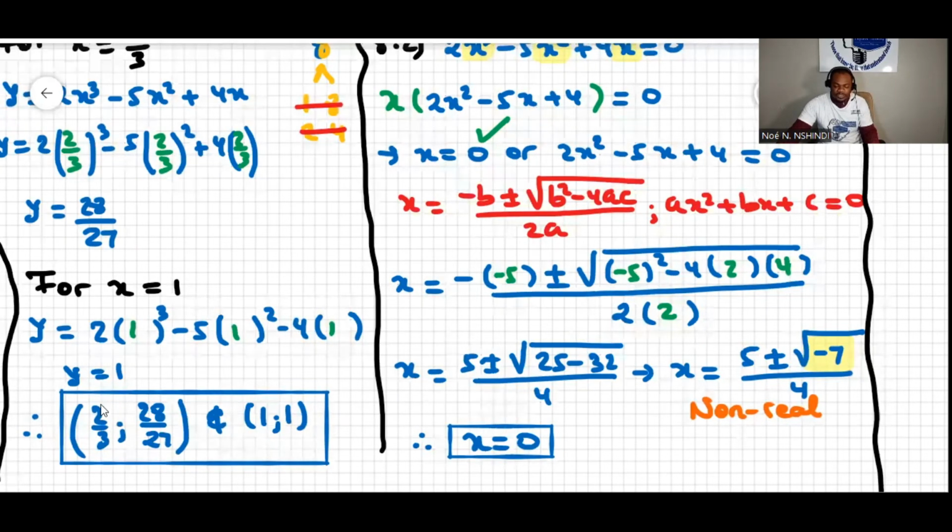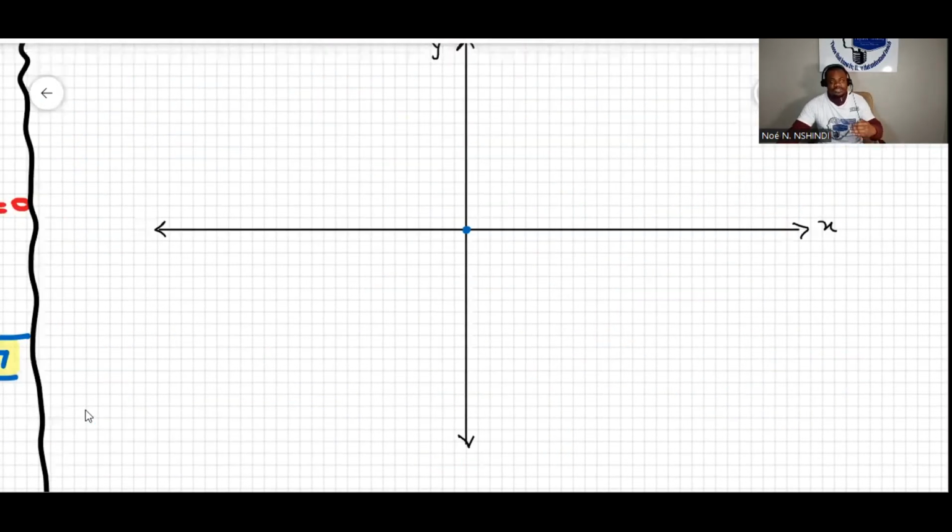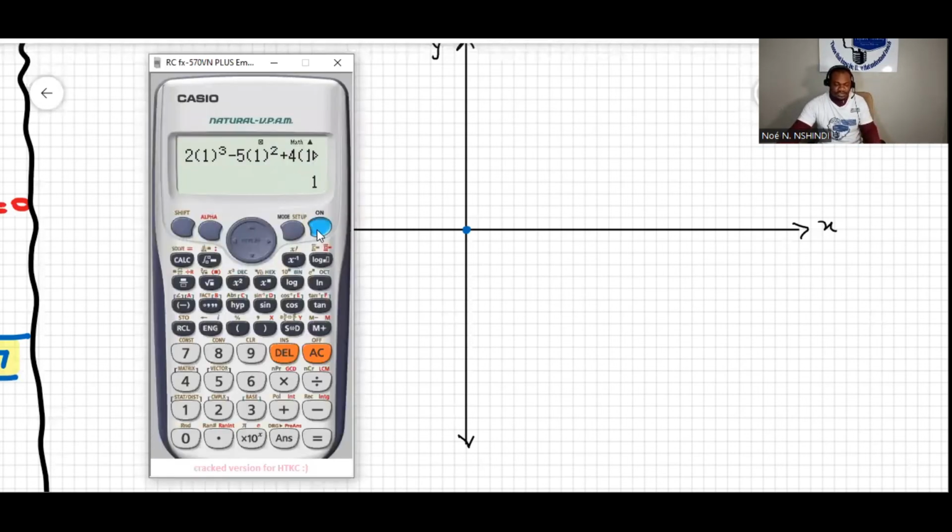So 2 over 3 is 0.67. If you want to check it, 2 over 3, if you press S-D, you get 0.66 with the 6 recurring, so this is rounded to 0.67.